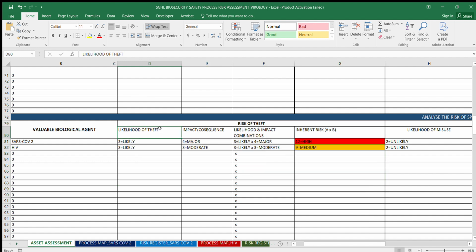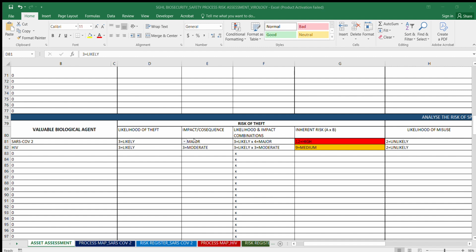For the determination of the risk of theft, you are going to look at the likelihood of theft and the consequence of the theft. The likelihood of the theft will be determined mostly by the asset assessment as well as the vulnerability, because then you'll be able to know that someone may be able to steal your agent.